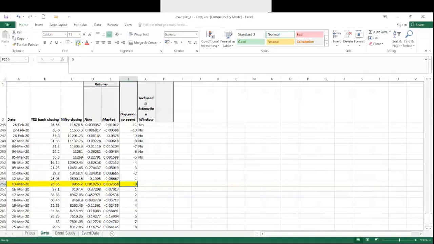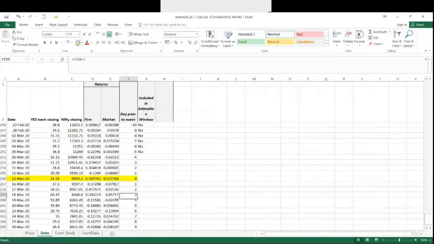So this is my event day, which is 0. Any days before the event, I have to decide which go into the estimation window. After that, I have all these positive days, which are after the event and will form a part of my event window. I'll come to that.